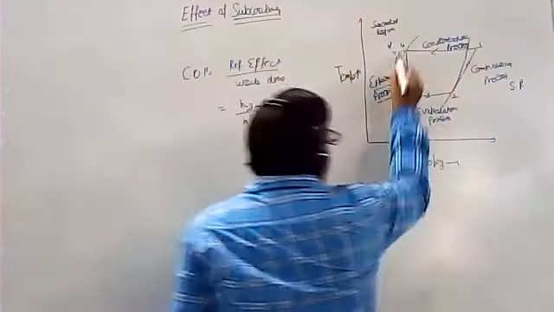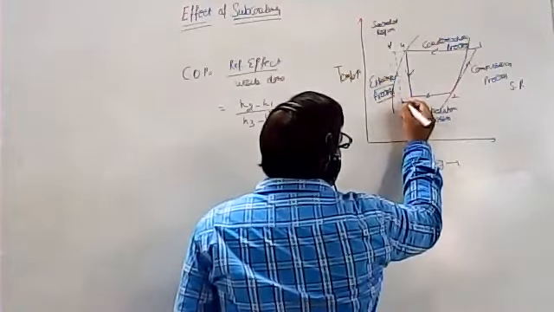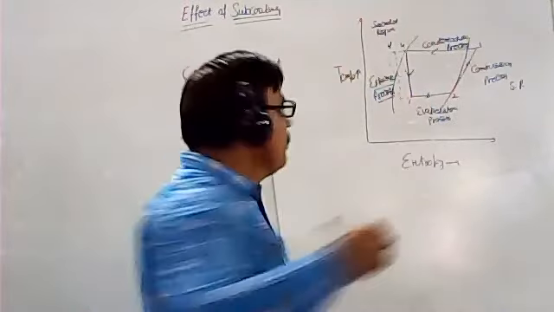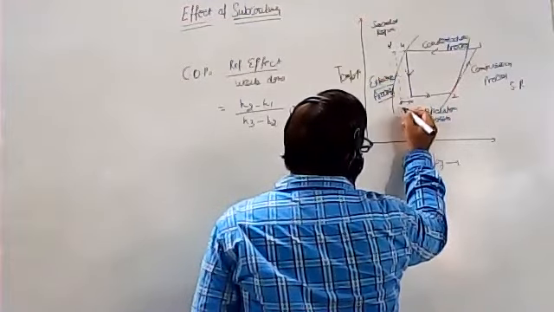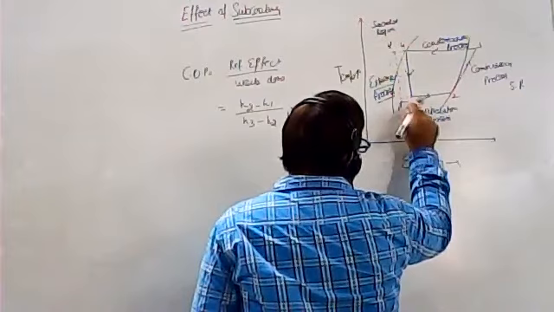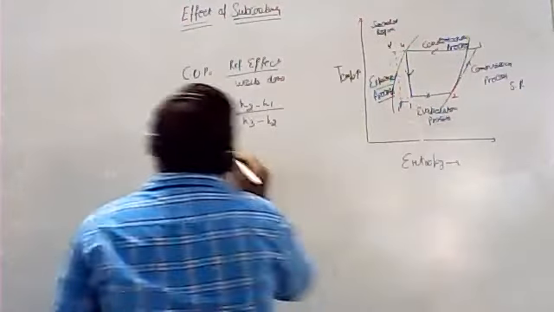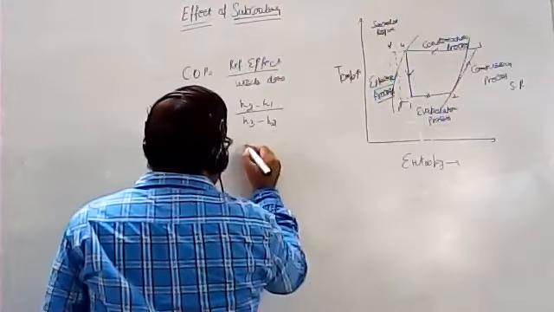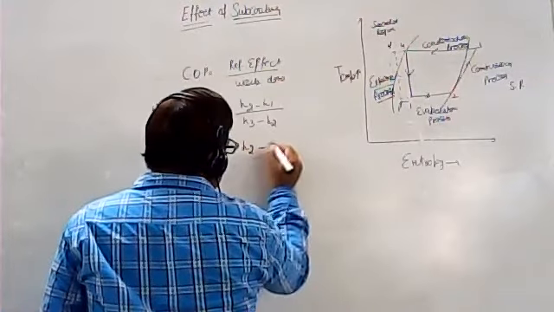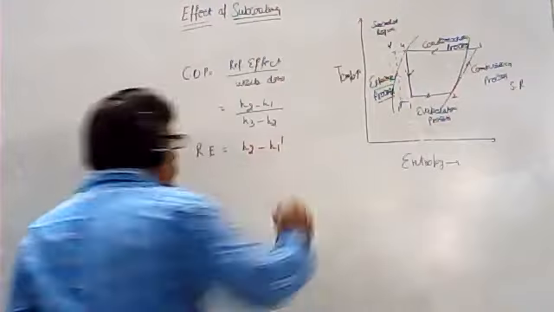But when I subcool the refrigerant after passing through the condenser, this much refrigeration effect will get increased from 1 to 1 dash. So your refrigeration effect will get increased from 1 to 1 dash.